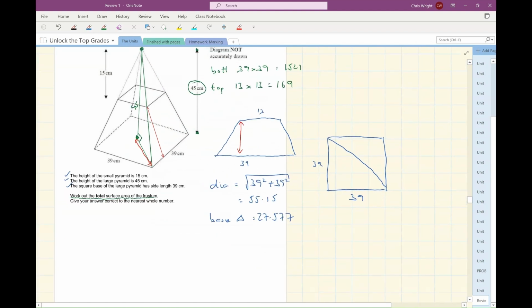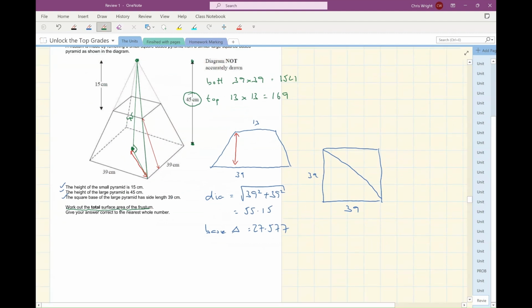So what I've got is my green triangle. Its height is 45. Its base is 27.577. And now I can find the length of its hypotenuse, which happens to be the edge length of the square-based pyramid. So that is going to be the square root of 27.577 squared plus 45 squared.